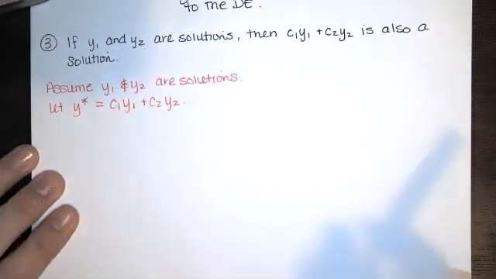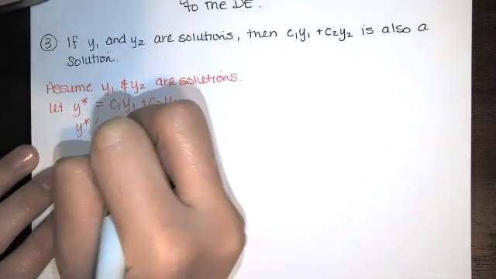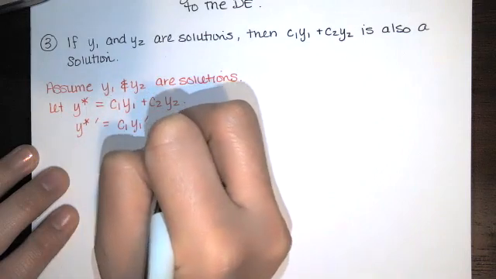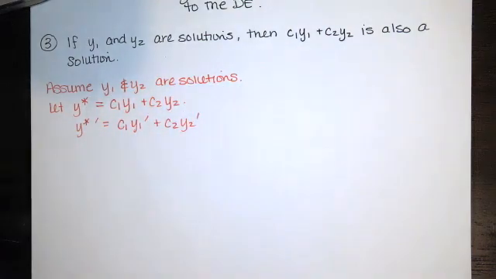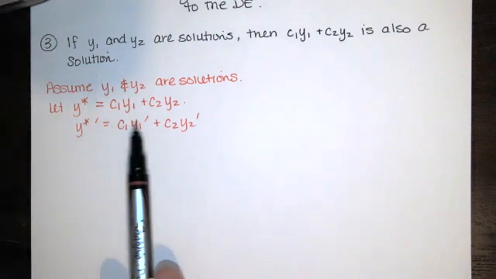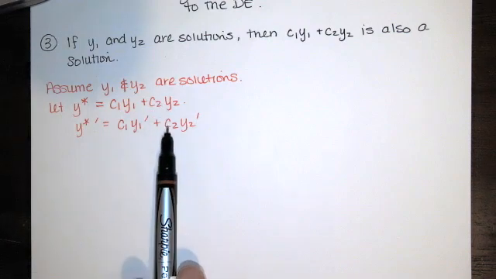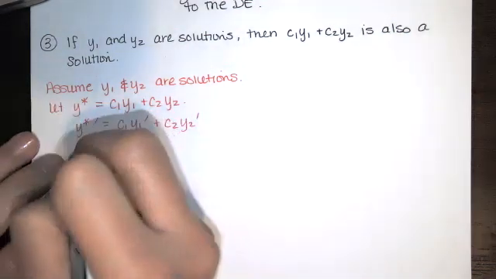Well, if I take the derivative of y star, I get C1 times Y1 prime plus C2 times Y2 prime, because that's how we take derivatives. If there's a constant, you just pull the constant down and take the derivative of the function. And then you add over here, you pull that constant down and you multiply by the derivative of the function.